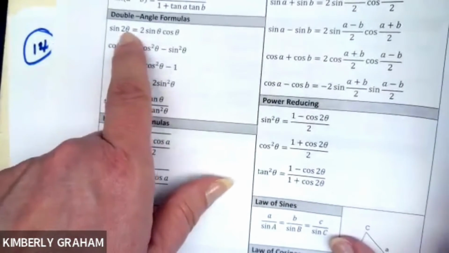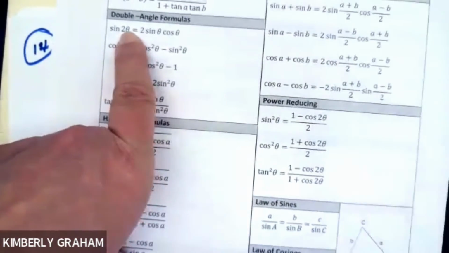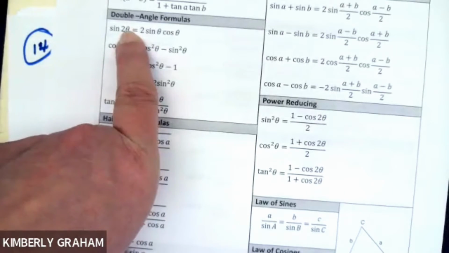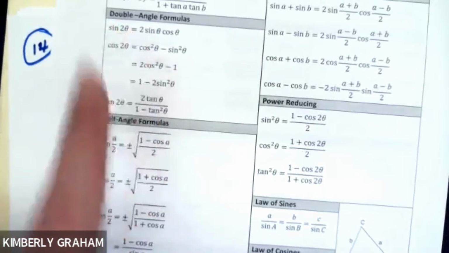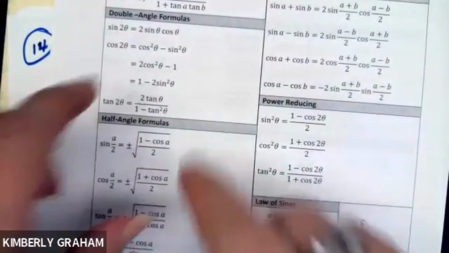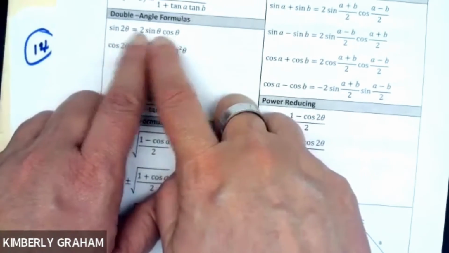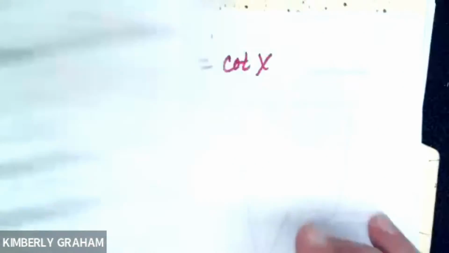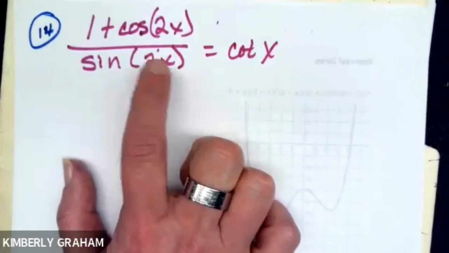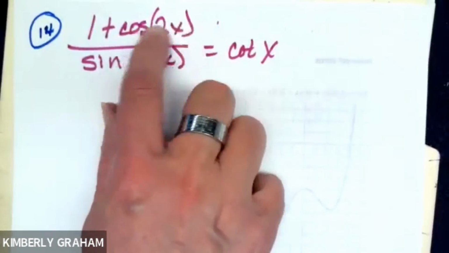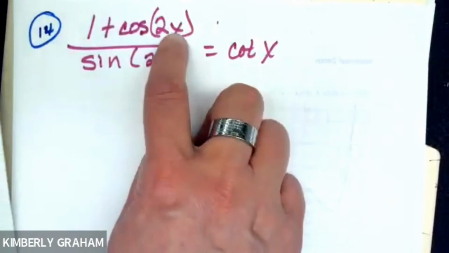So I can use this formula, and this is from section 3.3 that we skipped. So we're basically doing 3.3 right now. I just take 2 theta and substitute in this down on the bottom, but I need to figure out what I want to substitute on the top for cosine of 2x.